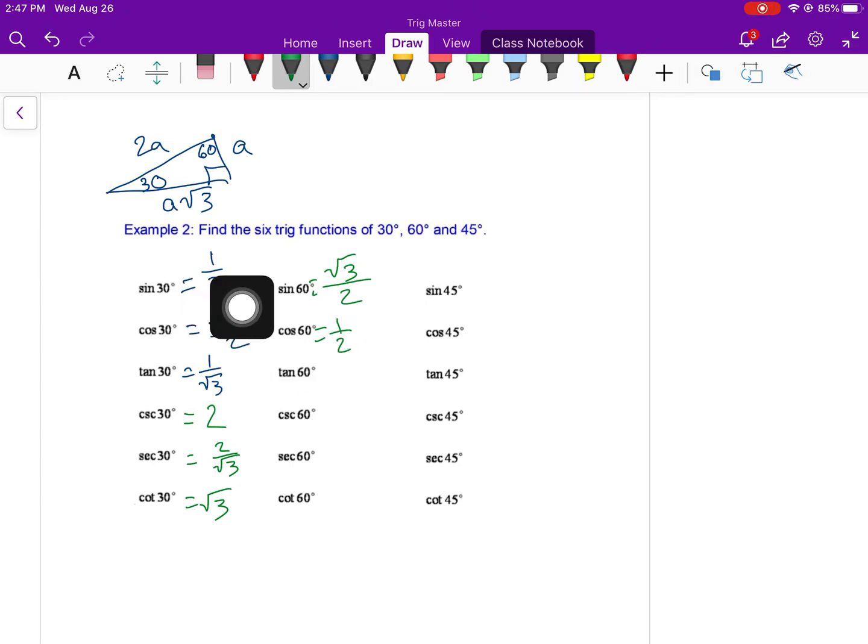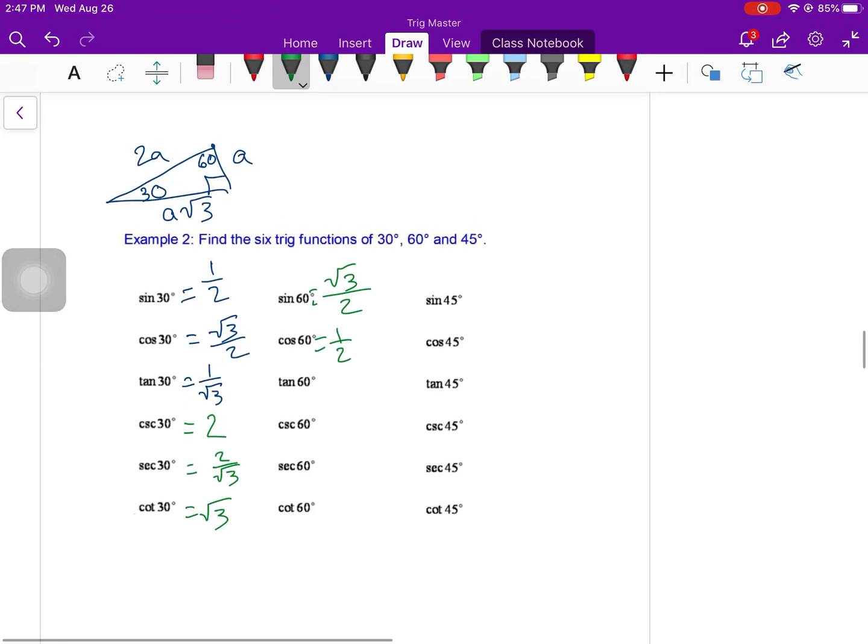If you notice, these ones are just switched. Tangent is also going to be pretty similar. I'm going to go opposite before adjacent, simplify, and get, oops, sorry, started writing the wrong thing. I get square root of 3 because I'm looking at the reciprocal of it, essentially.